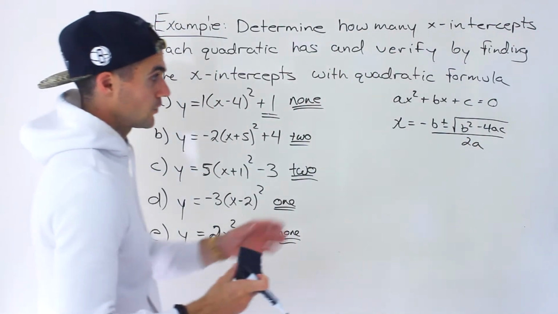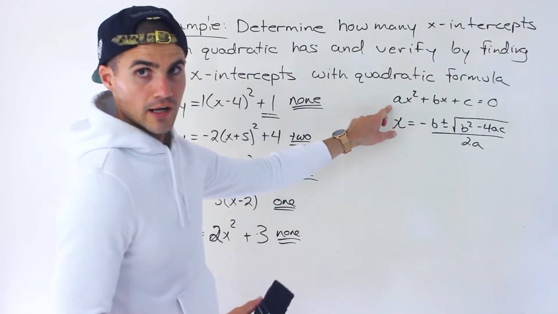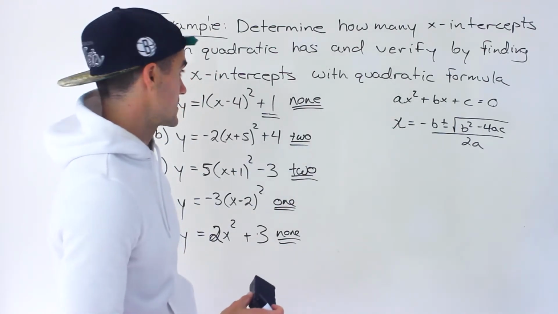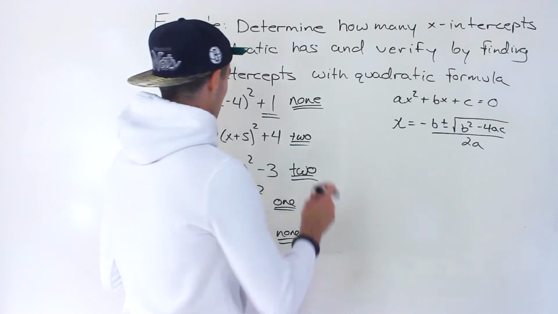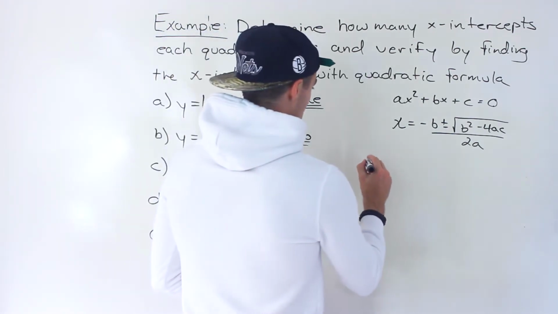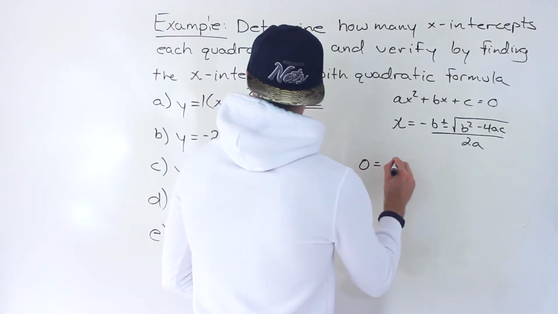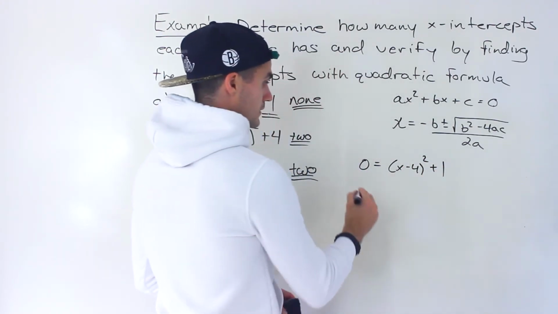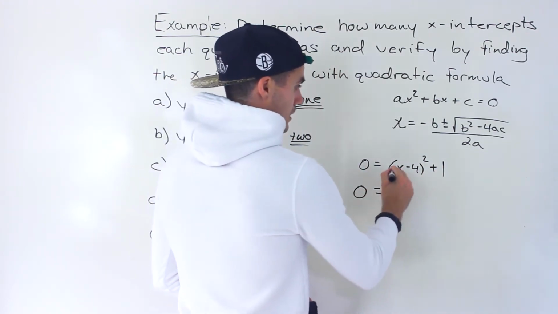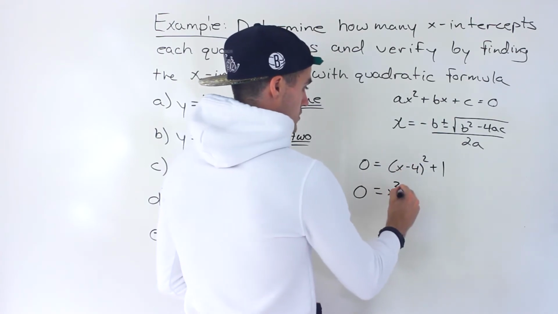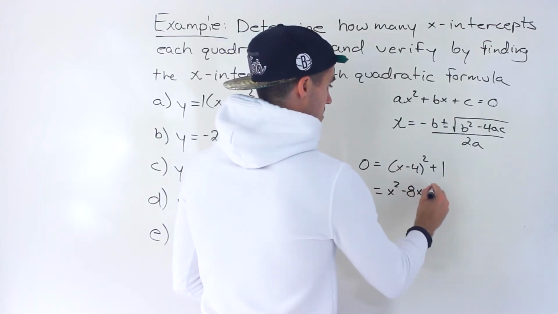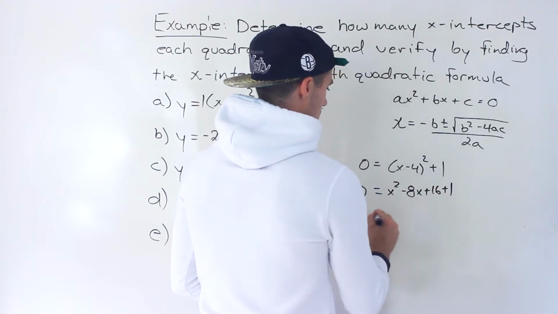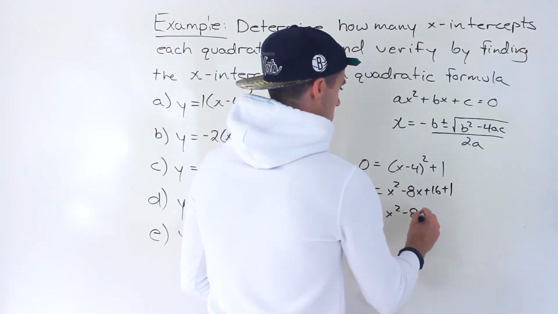Okay, but again, in order to use this, the quadratic has to be in standard form, so we have to expand this. Again, plugging in 0 for y, we'll have 0 equals (x minus 4) squared plus 1, like that. If we expand this, (x minus 4) times (x minus 4) will give us x squared minus 8x plus 16, plus 1, so x squared minus 8x plus 17.